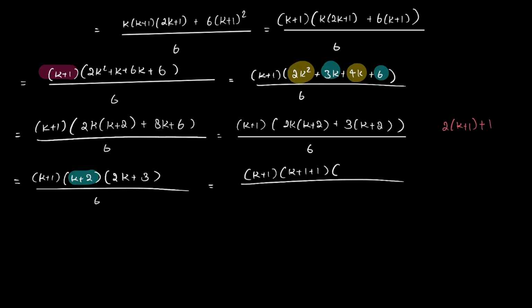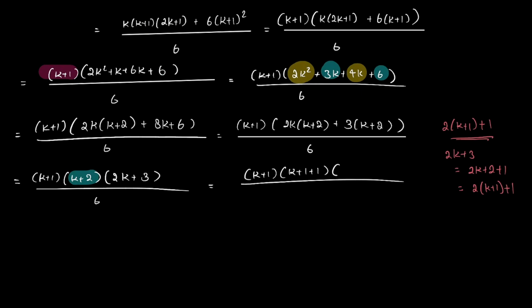And as you can see, we can easily do that because what we have is, I'm just going to write it, 2k plus 3, and this is equal to 2k plus 2 plus 1. And as you notice, if we take 2 out, then this is going to be 2k plus 1 plus 1. And we have what we were looking for. So that's great.